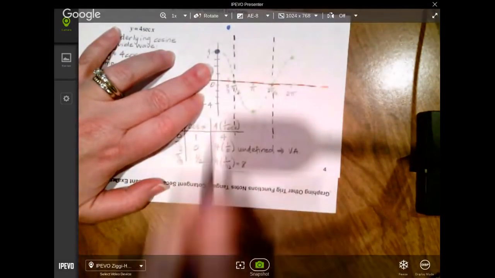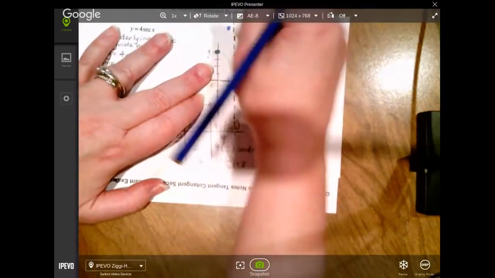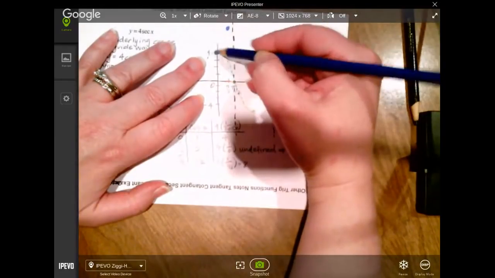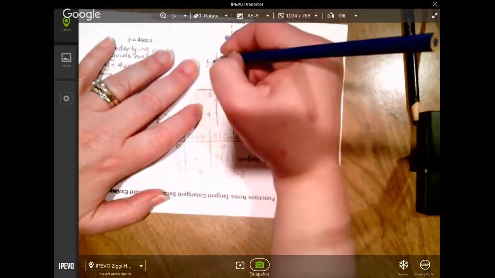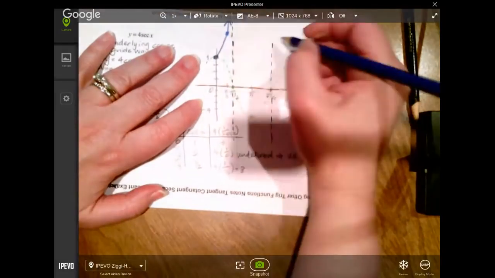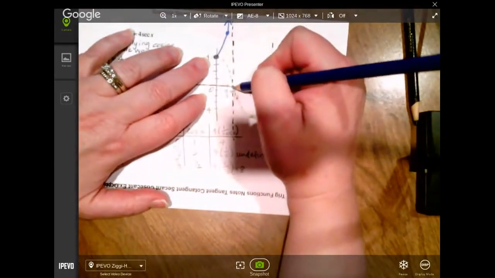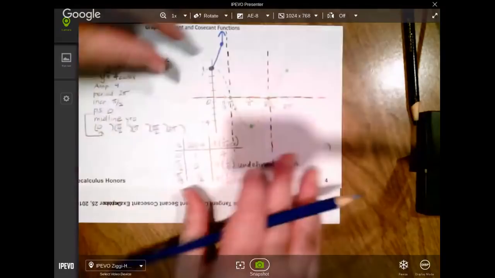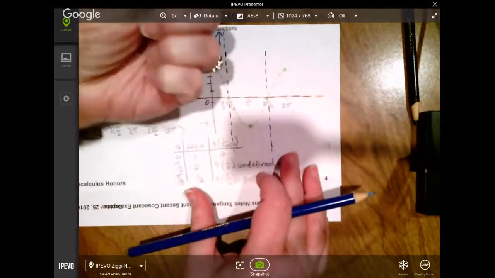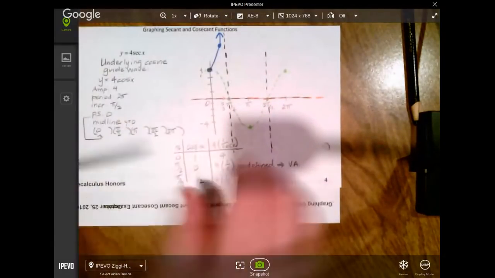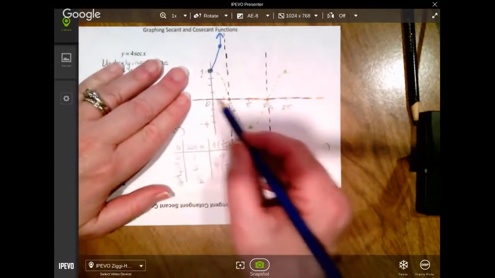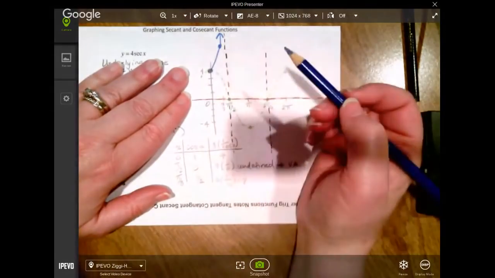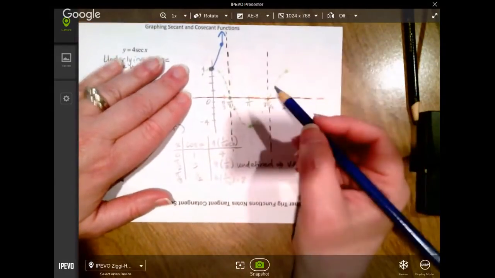So what's happening to this graph? Instead of approaching 0, like the cosine does, it's approaching infinity. So this is what the graph's going to look like. It's going to approach the asymptote. So as the cosine is approaching its midline, the secant is approaching its asymptote. It's like we're taking the curve and turning it upside down, reciprocating it. We're flipping it upside down, which is almost like reciprocating all the numbers, right?